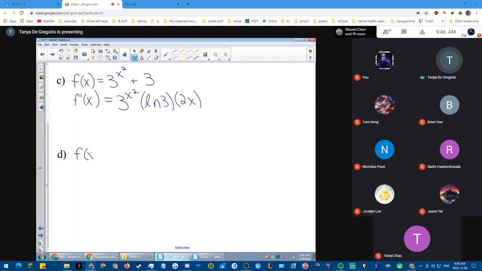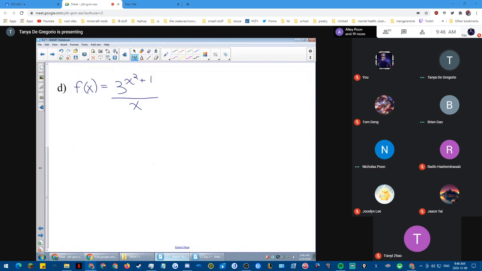Okay. F of x equals 3 to the exponent x squared plus 1, all over x. Is that what you guys have? Yes. Excellent. We're going to do a quotient rule. Who wants to do a quotient rule here?